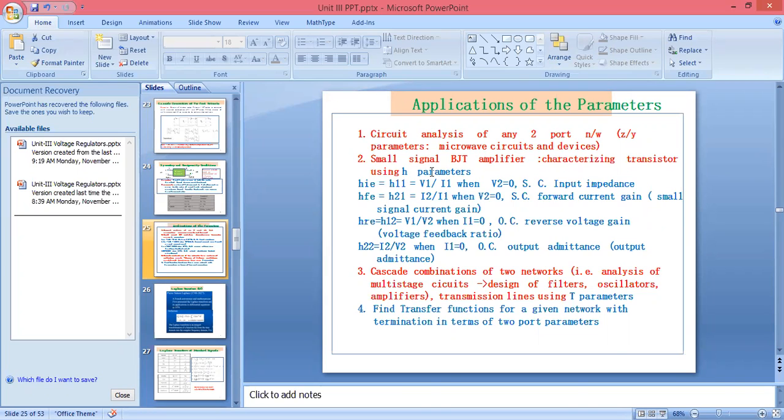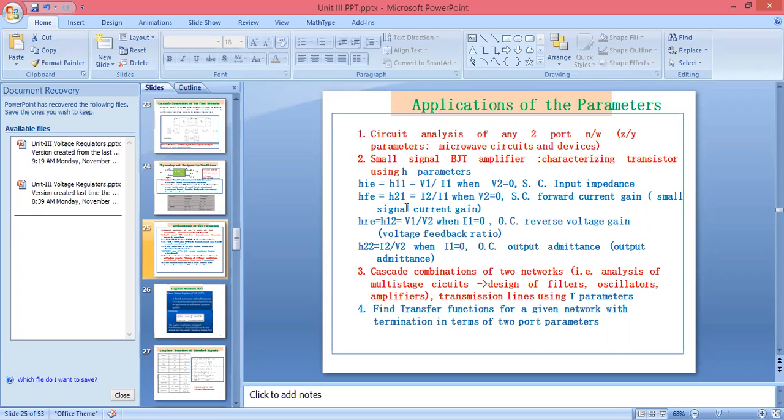We can use H parameters in the small signal BJT amplifier. If you see here, we can calculate the values of the hybrid model. HIE we call the input impedance. HFE we call the forward current gain.